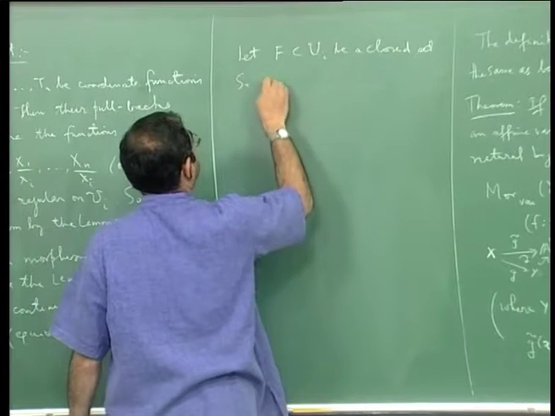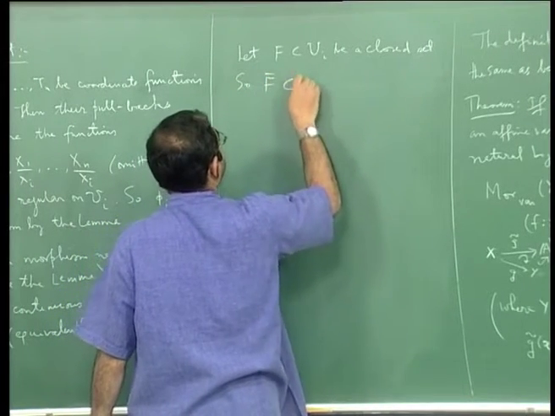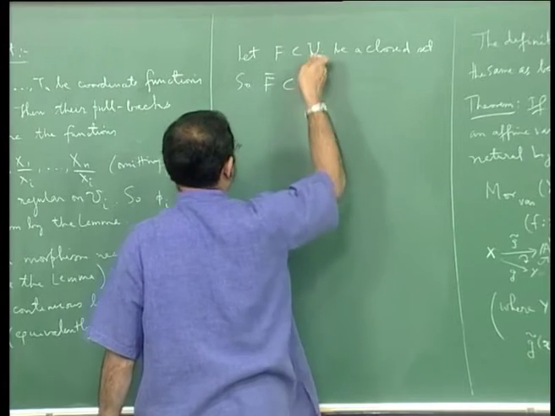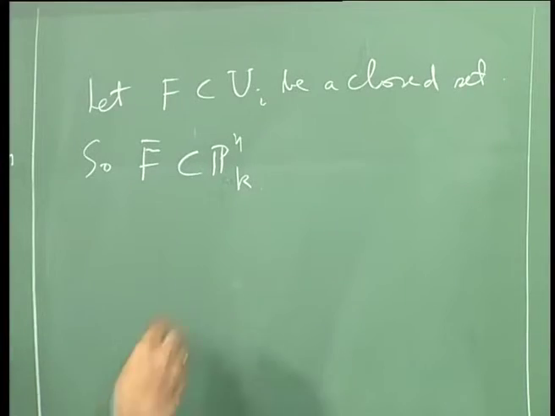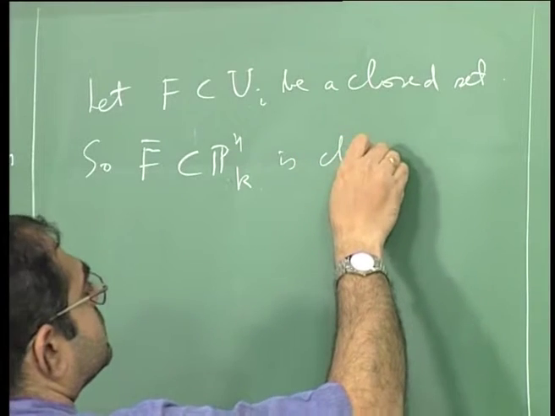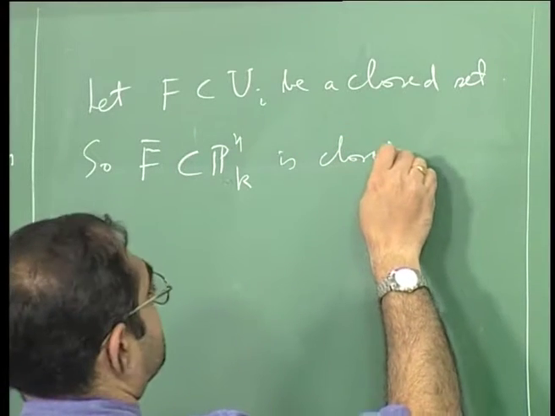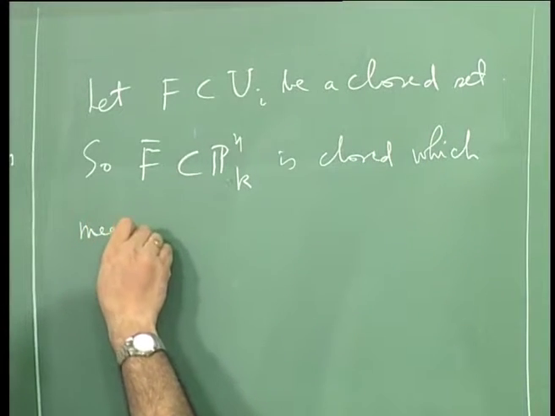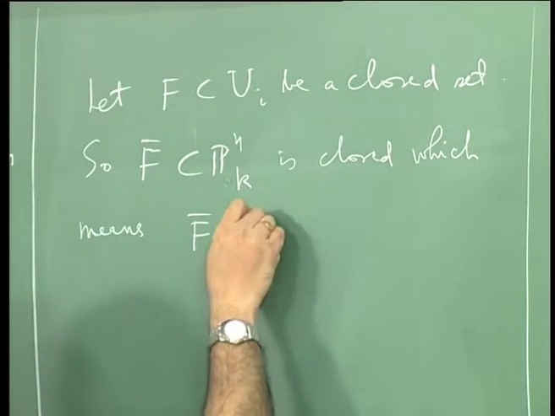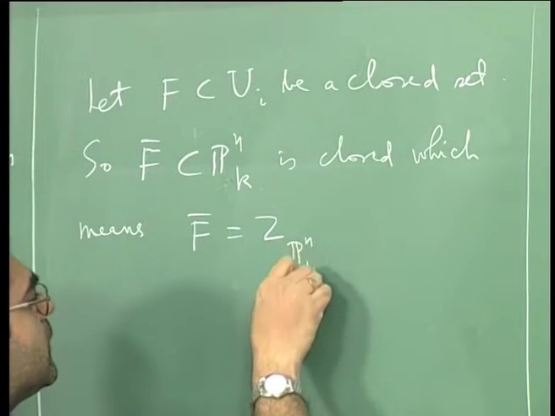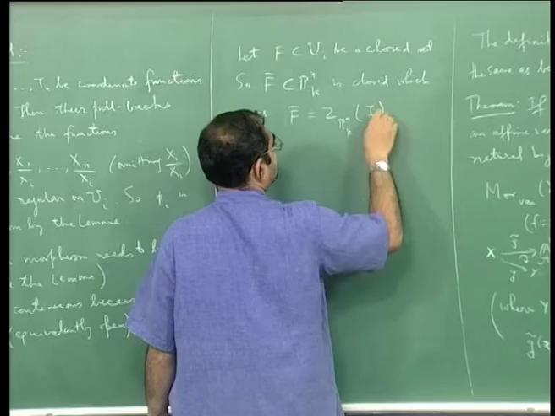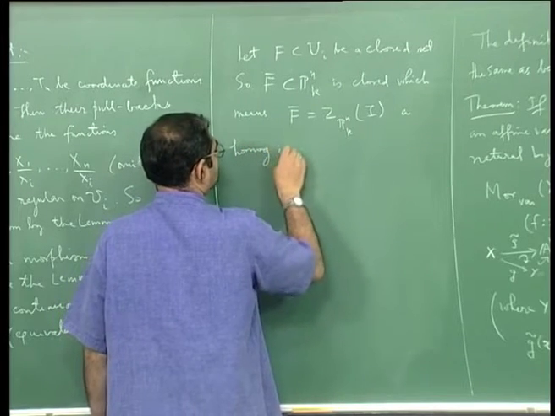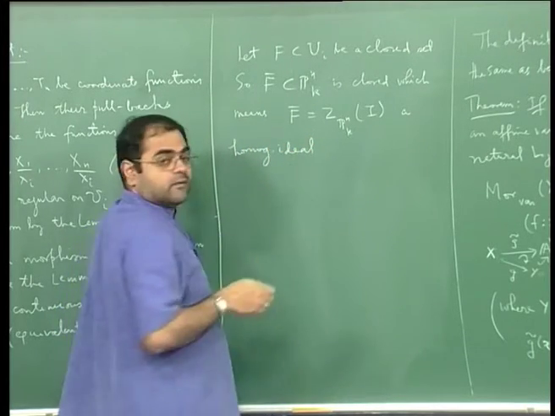So F bar in Pn, this is the ambient projective space in which Ui is sitting, is closed, which means F bar is the zero set in Pn of I, a homogeneous ideal, okay.